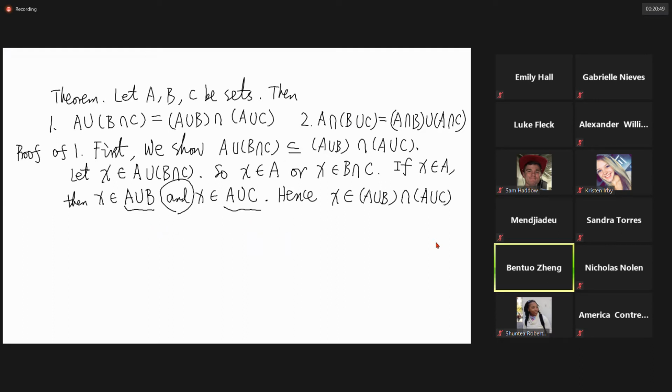You should remember, we only considered one case here, because we only assumed X is in A, but we have two cases: X is in A or X is in B intersect C. So we have to consider the second case. If X is in B intersect C, then by definition, X is in the intersection means X is in both sets.